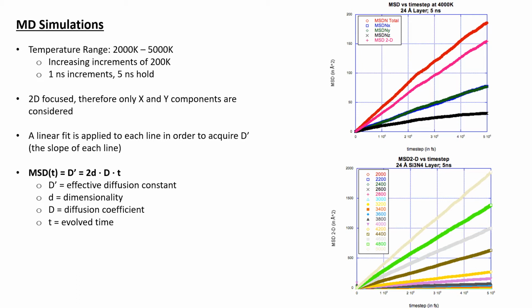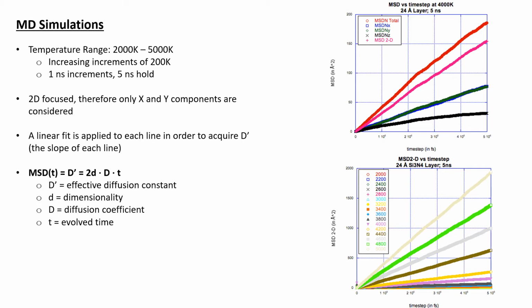This can be seen in the green and the blue lines, which when added together produce the pink line, which correlates to two-dimensional diffusion. This differs from the red line, which correlates to the total diffusion, in the sense that there is no z component, or in this case, the black line.